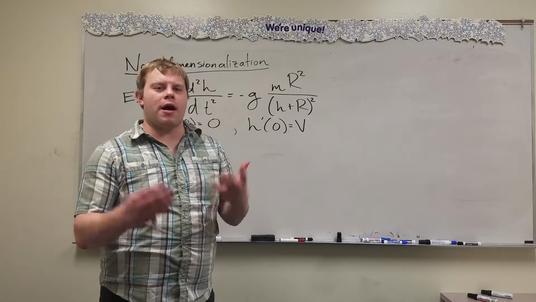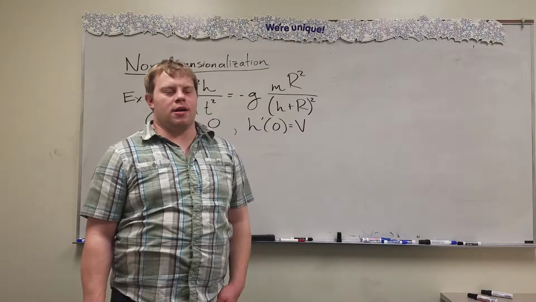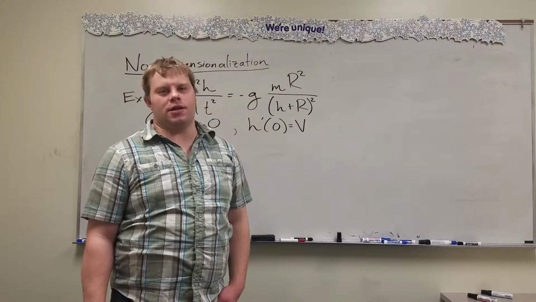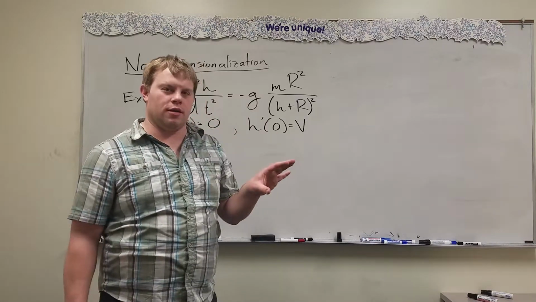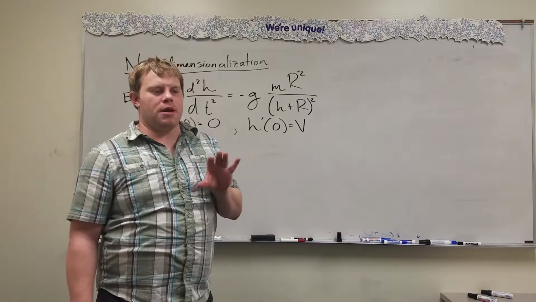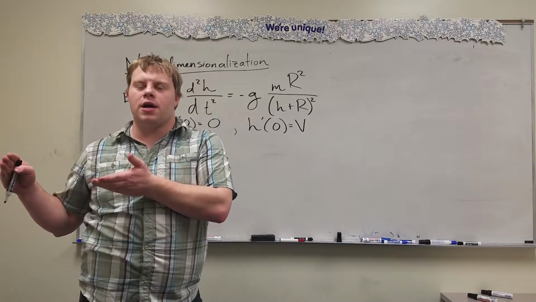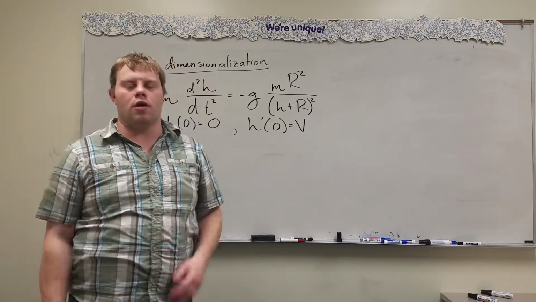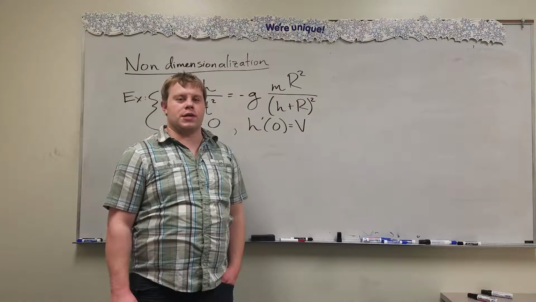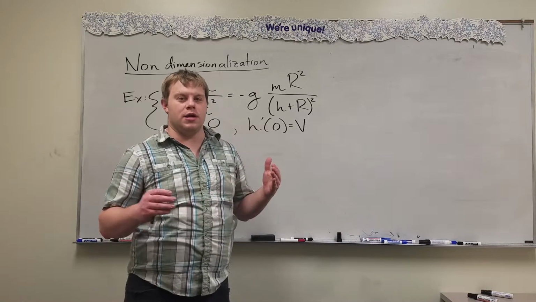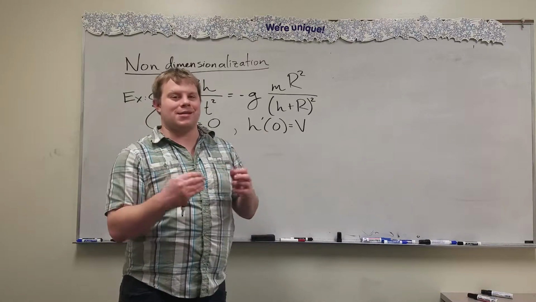So we're going to rewrite this thing in terms of new variables and constants that are dimensionless, meaning that at the beginning, and we'll take a look at an example here, in the original equation I had stuff that was in terms of time, stuff that was in terms of length, acceleration, or volume, or whatever, but my new variables and constants are all going to be combined with the old ones in a way that all of these dimensions cancel out.